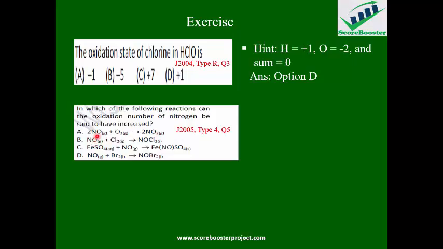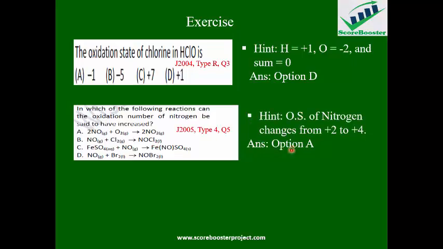You go here 2, you go here -2, -2, -4. So just calculate each of them like that. You will know which one has increased. Oxidation state of nitrogen changes from +2 to +4. So that is it.